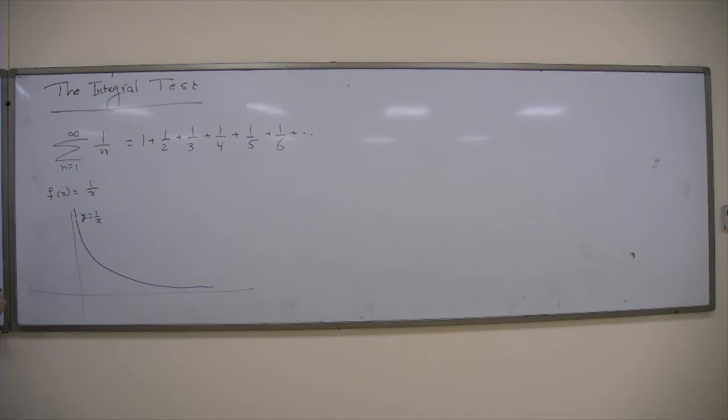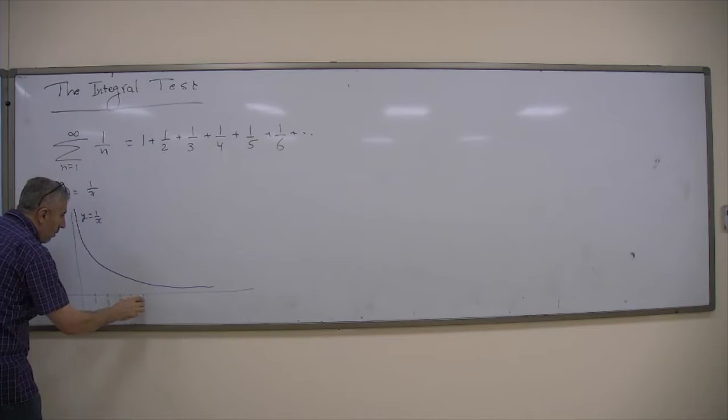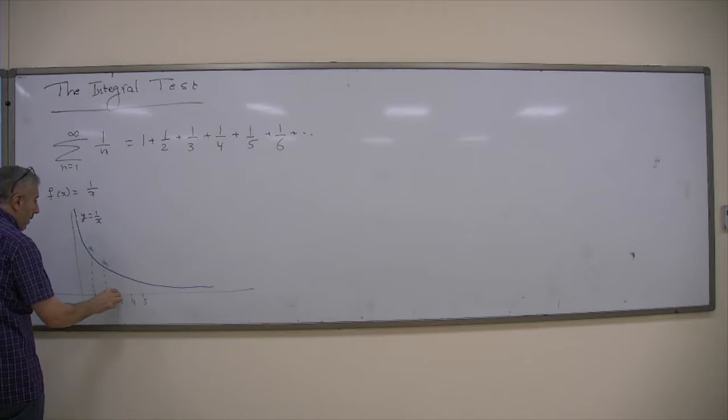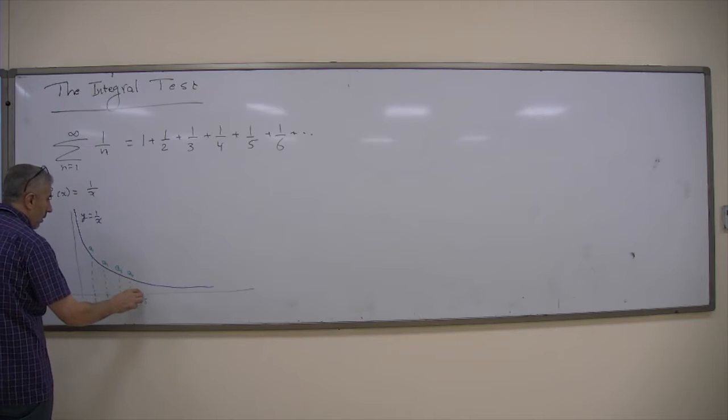And here, if you take 1, 2, 3, 4, 5, then f of 1 here is this, f of 2 here is this. So this is going to be a1. This is going to be a2. This here is going to be a3. This here is going to be a4, a5, and you keep going.